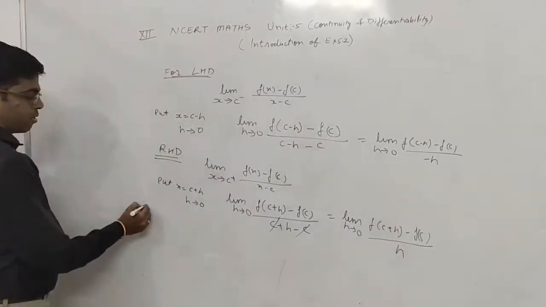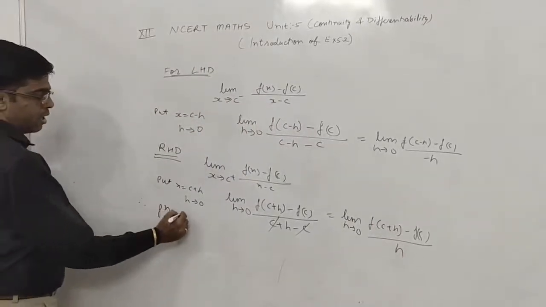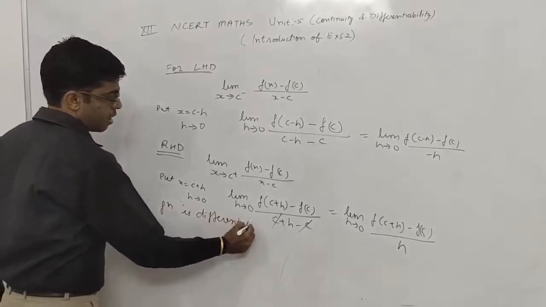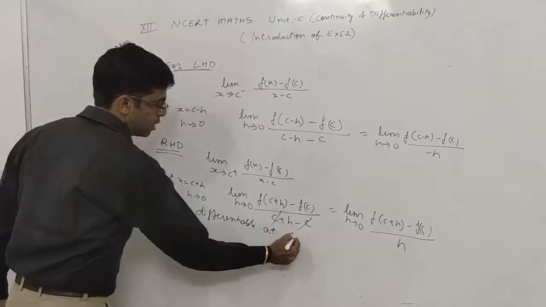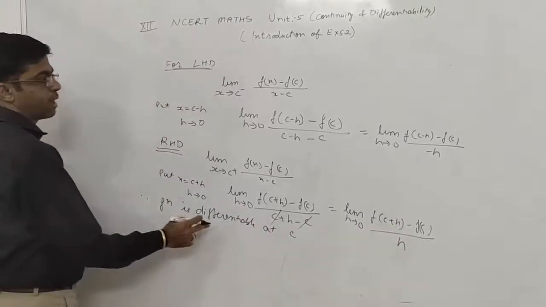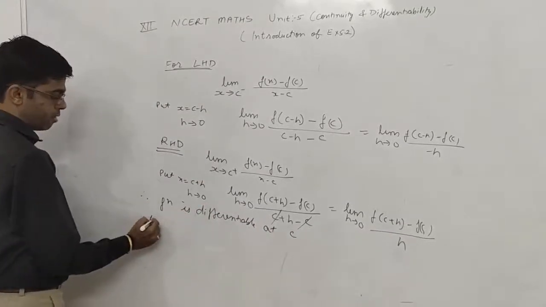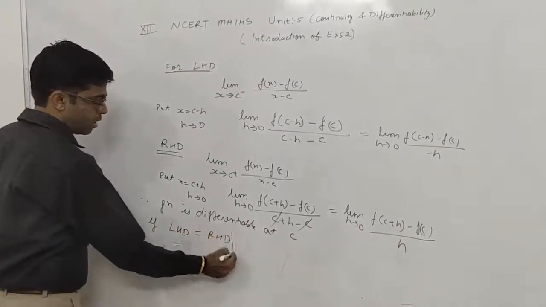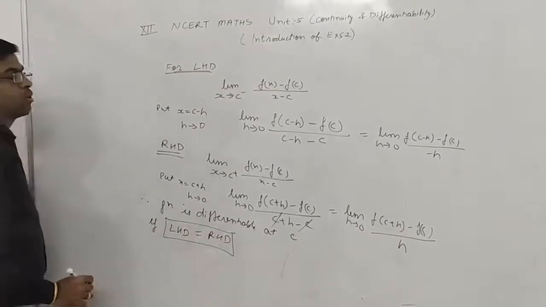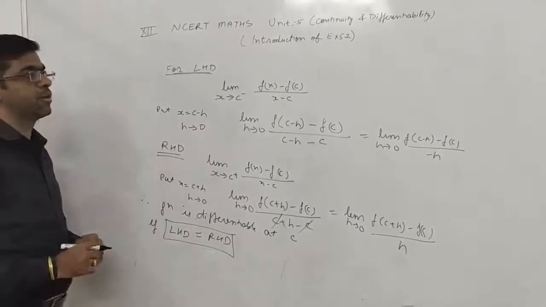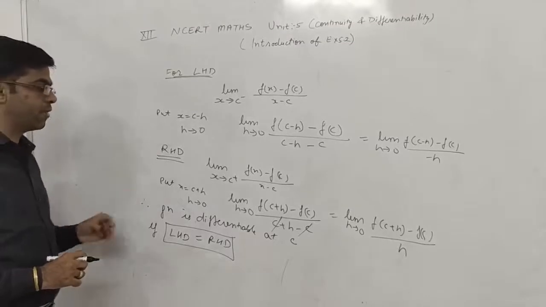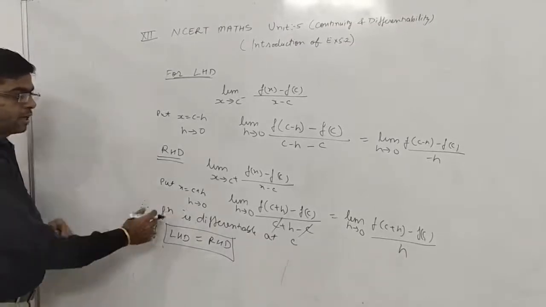Therefore the function is differentiable at c if left hand derivative is equal to right hand derivative. So in the questions, if we have to check the differentiability of a function at a particular point, we will find the left hand derivative and right hand derivative.